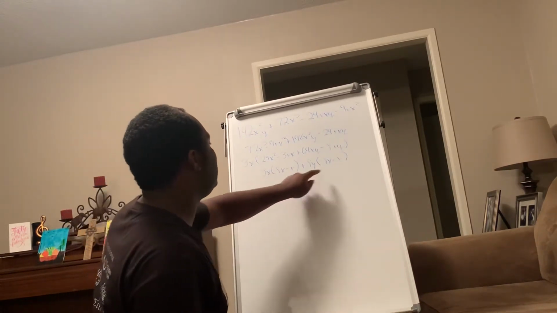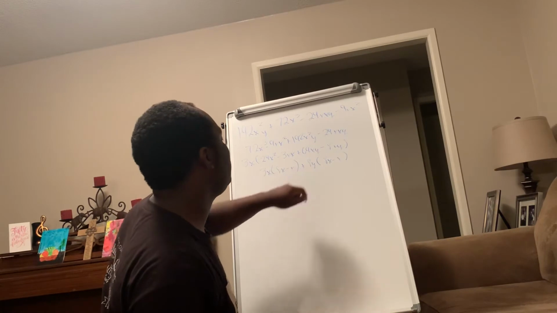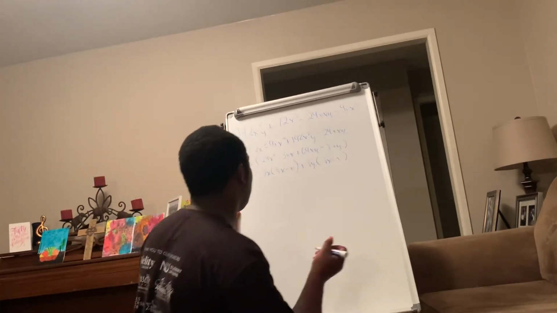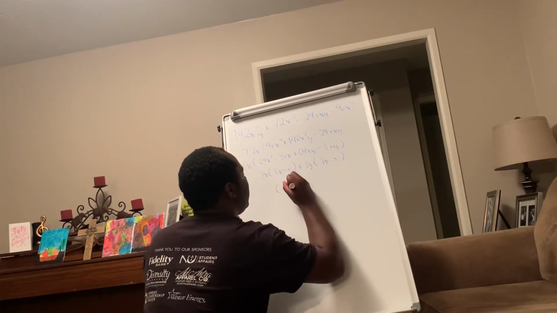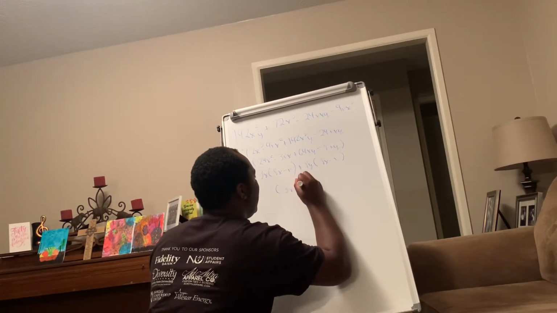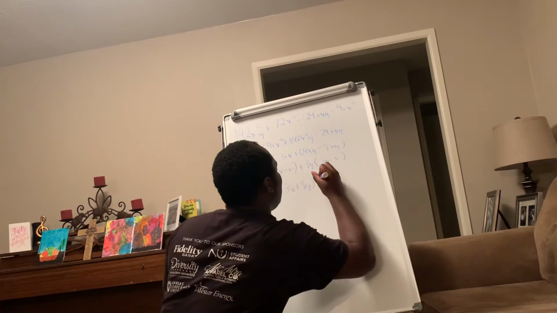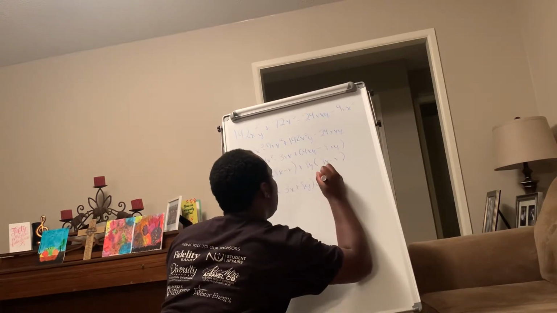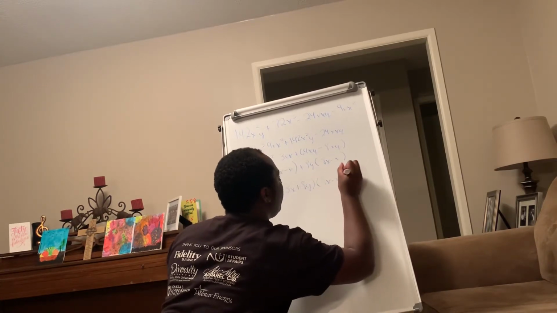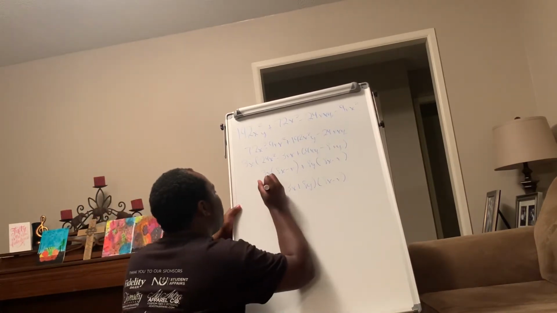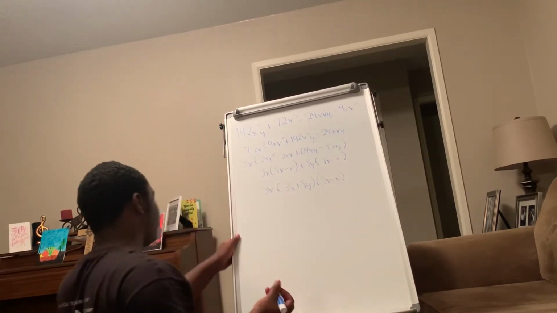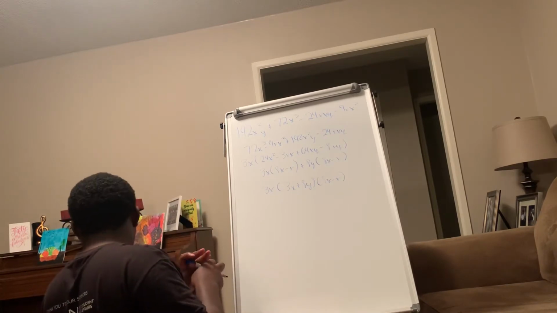So because these two are the same, this with this sign is going to be my other binomial. So I'll have 3x plus 8y, and then 8x minus r, and then I still carry this 3x from before, so 3x. And that is the final answer.